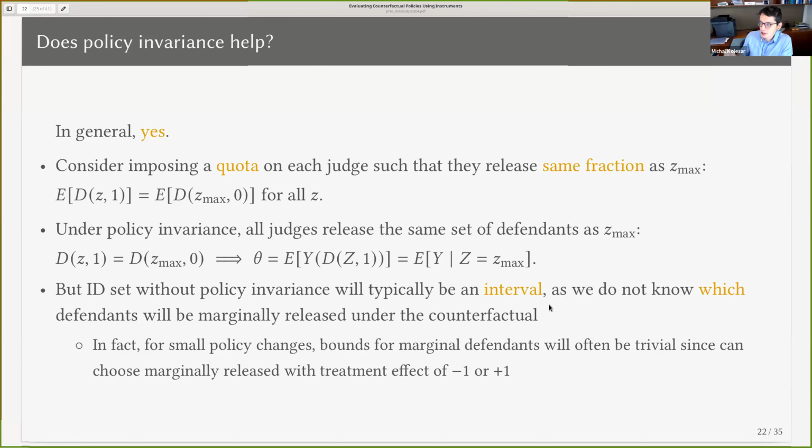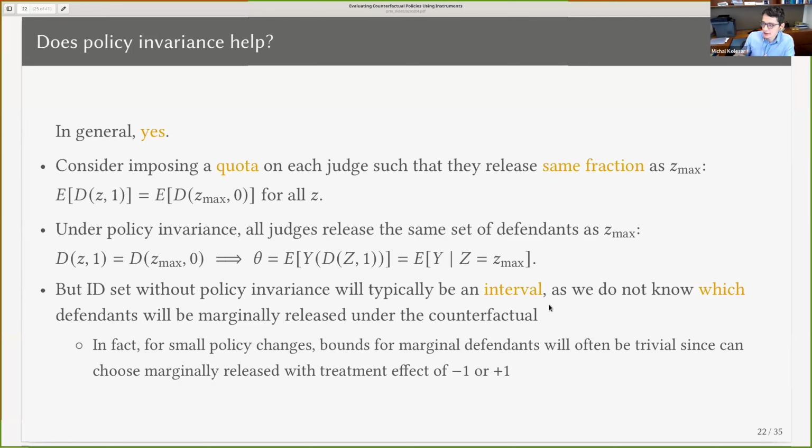And if I ask the other judges to be as lenient as the most lenient one, the trivial bounds are going to say, well, I'm going to take all those guys with treatment effect +1, and I'm going to release those. And that's going to be allowed without any further restrictions on the counterfactual.